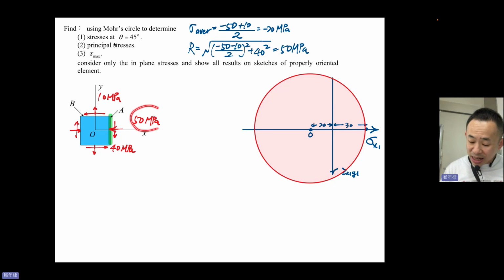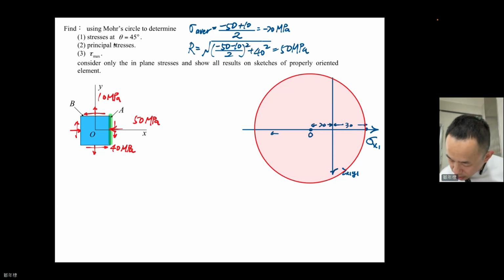We notice that this is minus 50 and this is minus 40 MPa. So actually its coordinate is also like another 30. Okay, and this is 40, right?